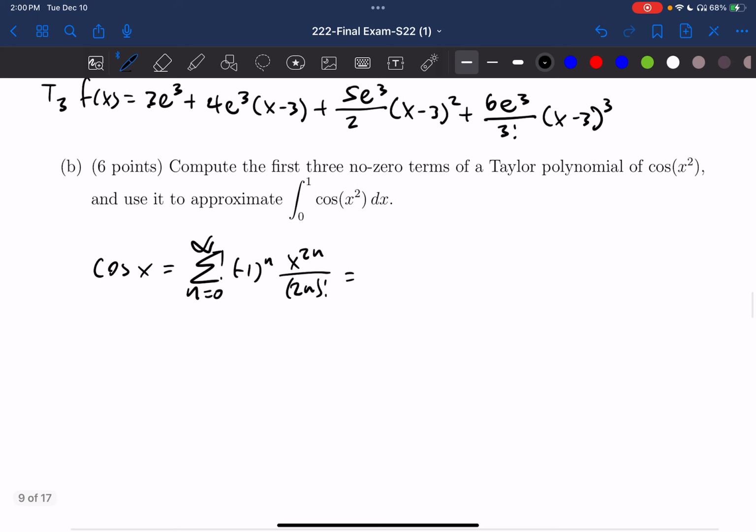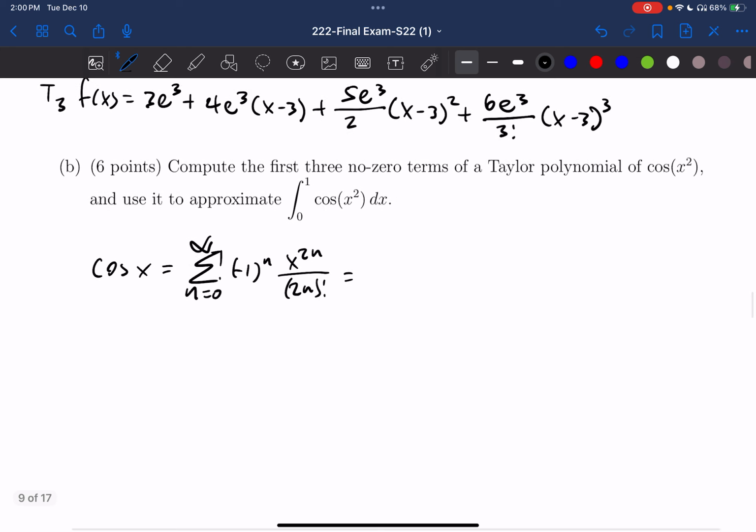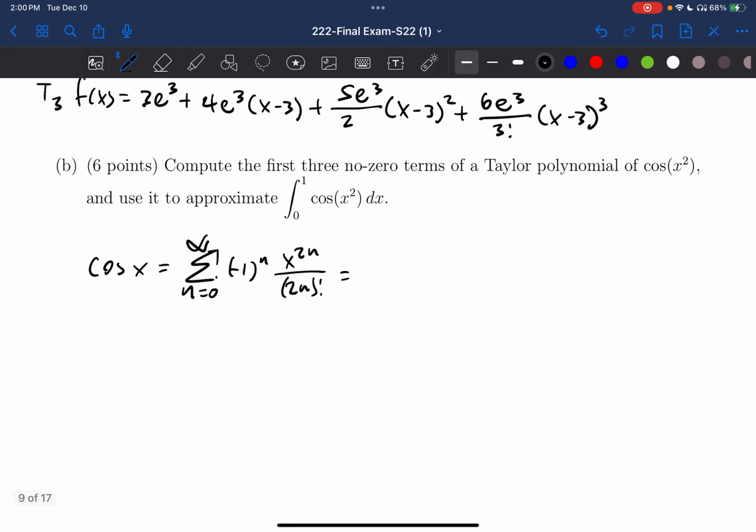Plugging in n equals 0, we will get negative 1 to the 0 power, which is 1. So we're just going to positive, and then x to the 0 power, anything to the 0 power is 1. So we're going to get 1, and then minus, because once we plug in 1 for n, negative 1 to the 1 power is going to be negative.